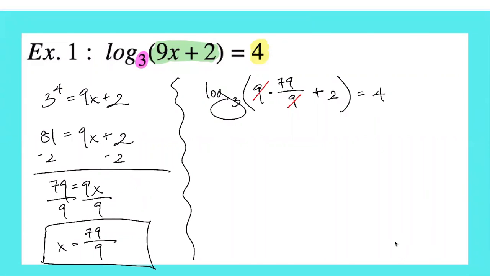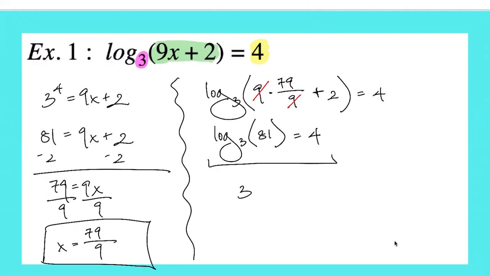So I really have log base 3 of 79 plus 2 is 81. And if I think about what this means in exponential form, this is really saying 3 to the 4th power equals 81, and that is correct. So this is a true statement, okay?